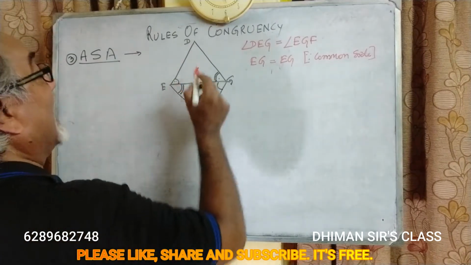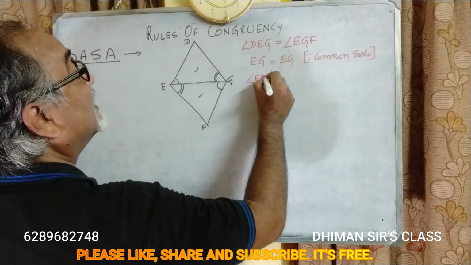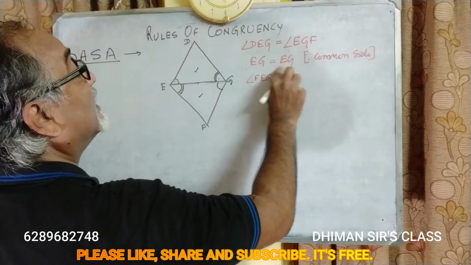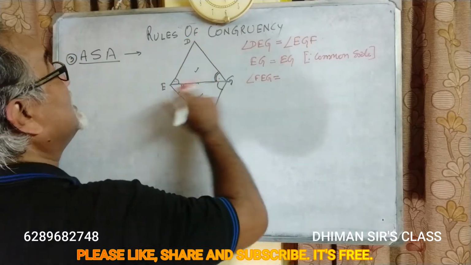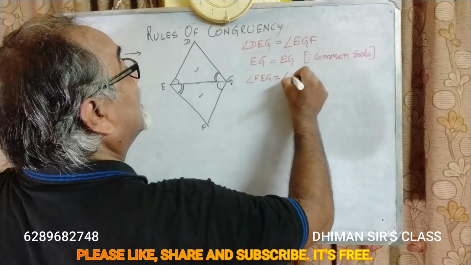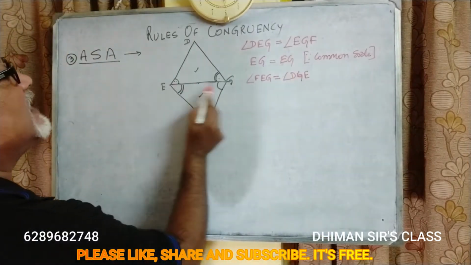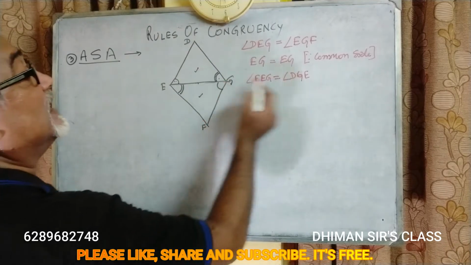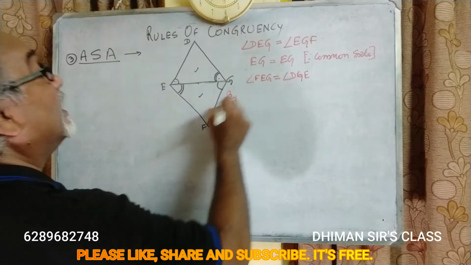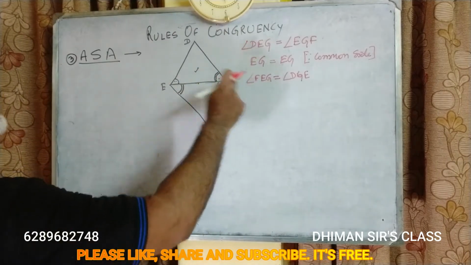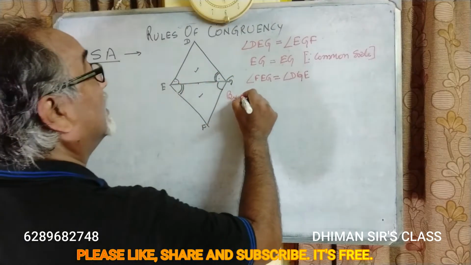Now, angle FEG is equal to angle DGE. So, by which rule? Angle, side, angle rule.